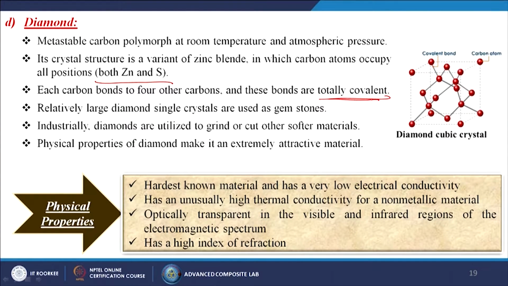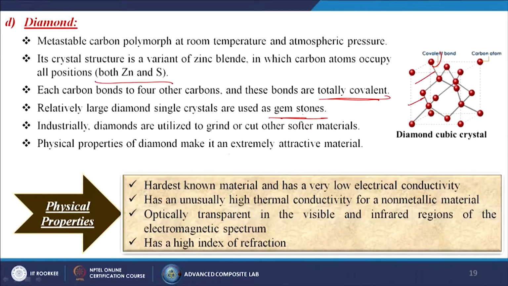Relatively large diamond single crystals are used as gemstones, generally as ornaments. Industrially, diamonds are utilized to grind or cut other softer materials, because it is the hardest material known till today. That is why artificial diamonds are used for cutting any kind of hard materials.